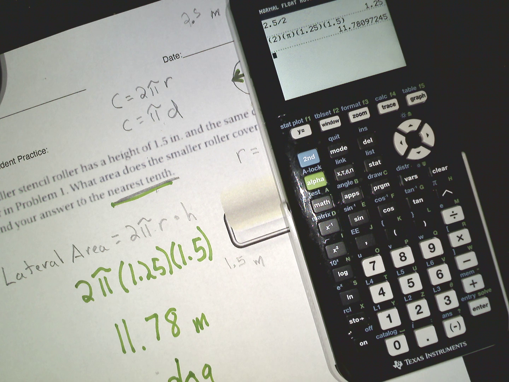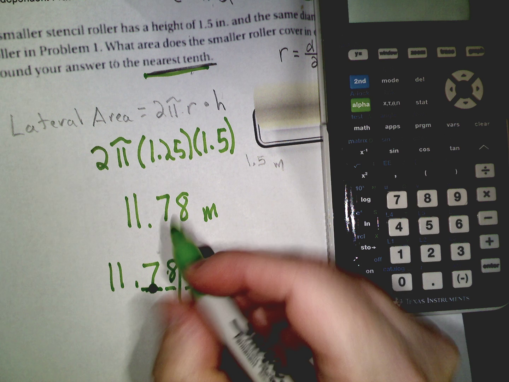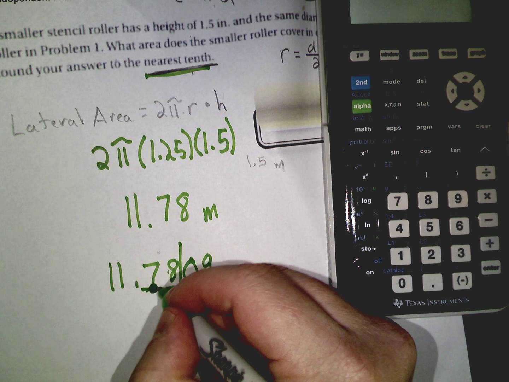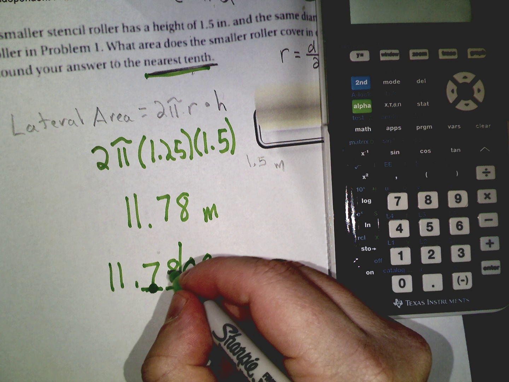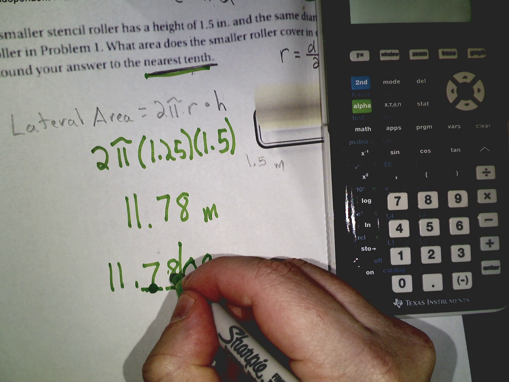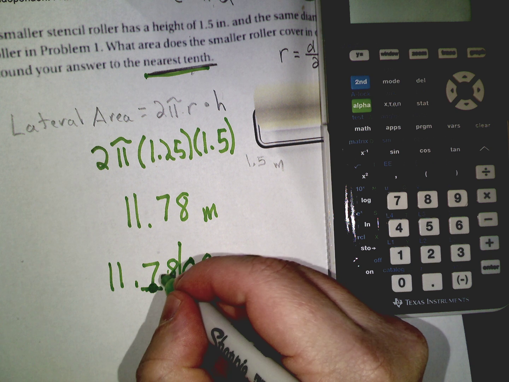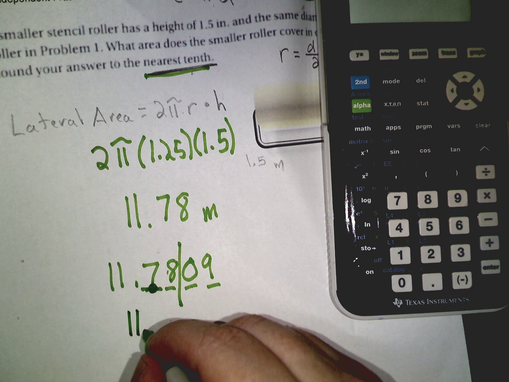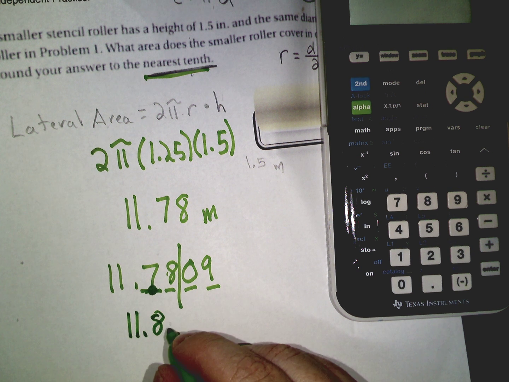Do I go up or down with this number 7? I look at the next digit, which is an 8. That's bigger than 5, and 5 or bigger means you go up. So it's 11.8 meters. Meters? Yep.